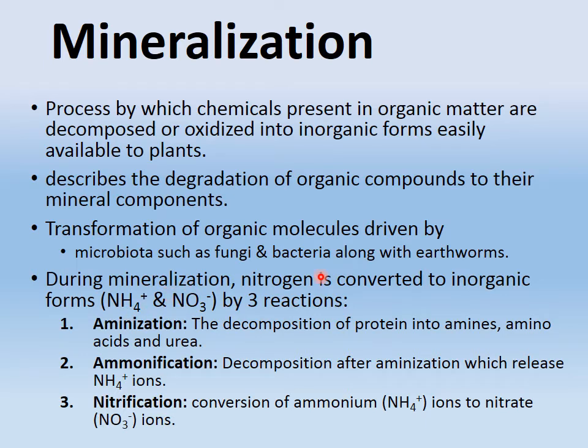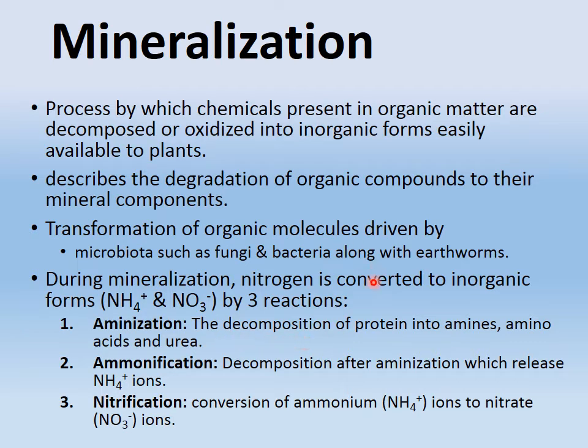So this mineralization takes place in 3 reactions, which are as follows: aminization, ammonification, and nitrification. So those are the 3 processes that take place in mineralization. So aminization is the decomposition of proteins into amines, amino acids, and urea.